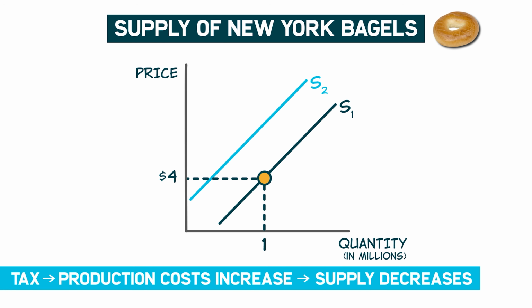Now we add the 50-cent tax. This shifts the supply curve up by exactly 50 cents. So to continue selling 1 million bagels, suppliers would need to be paid $4.50 per bagel. By the way, notice that we haven't yet said what the effect of a 50-cent tax would be on the market price. We'll cover that in a future video.